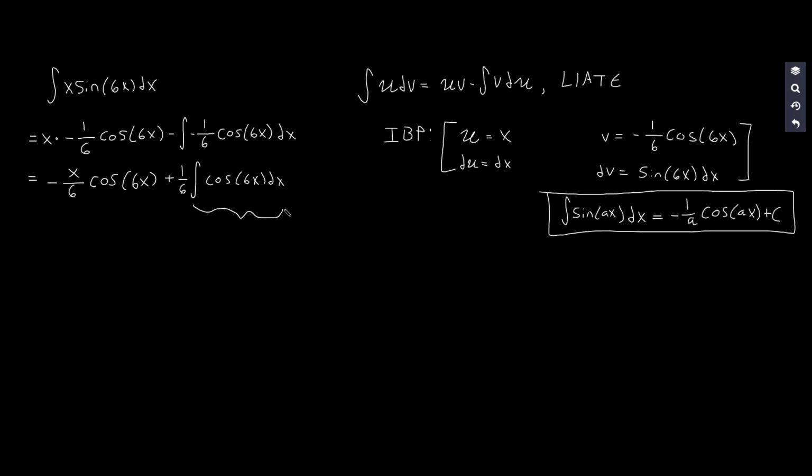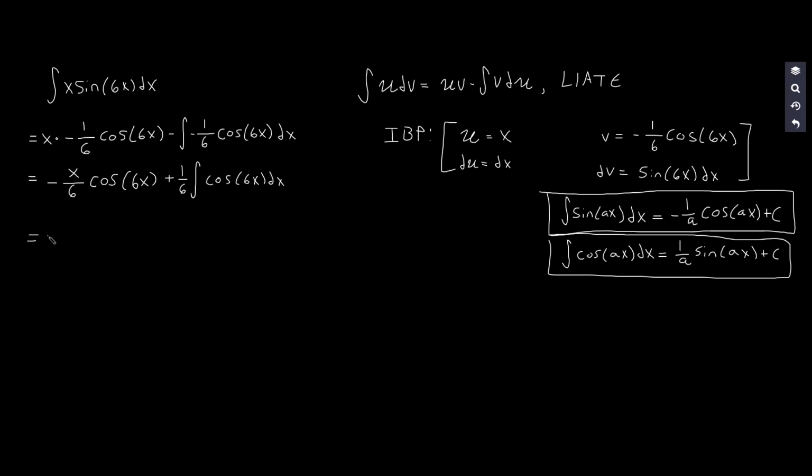To take the integral of cosine of 6x with respect to x, it should follow this formula. So that means we're going to have negative x over 6 times cosine of 6x plus 1 over 6 times 1 over 6 times sine of 6x plus c.